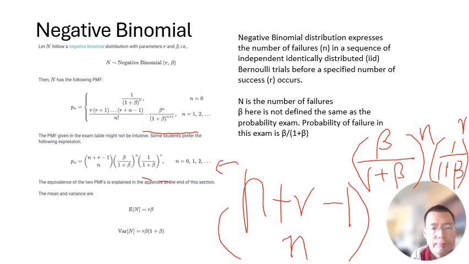But I think if you understand this negative binomial distribution, it's easier to remember this formula. And from there, we also know that the mean is r times beta, and the variance will be r beta times 1 plus beta.